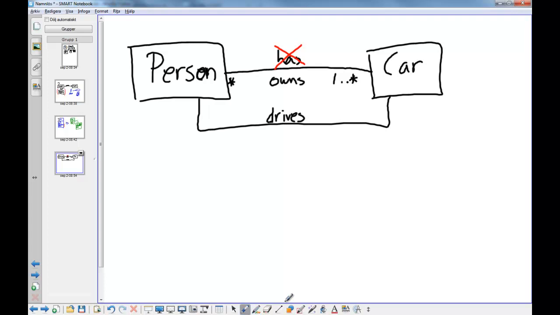So we don't deal with people that own boats or do not own a car. And at the same time, we cannot have cars that do not have owners. So a car needs to have at least one owner. We cannot have loose cars. That would be bad for us.